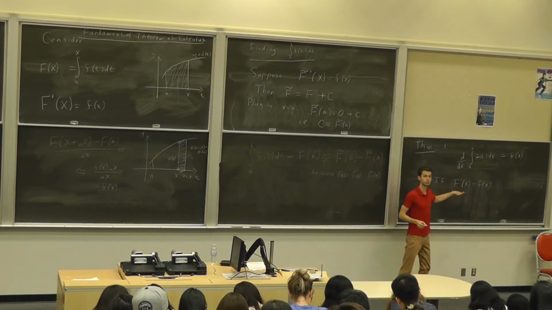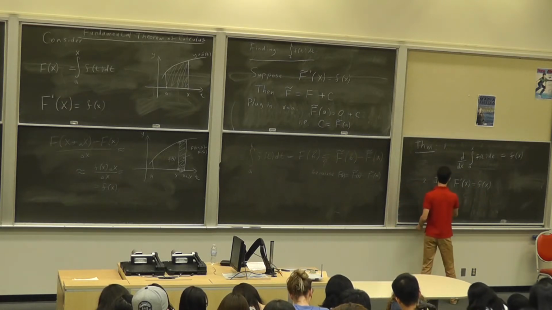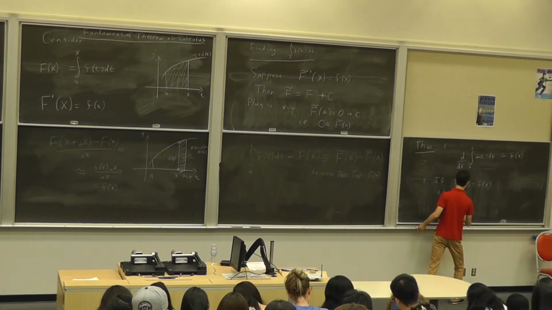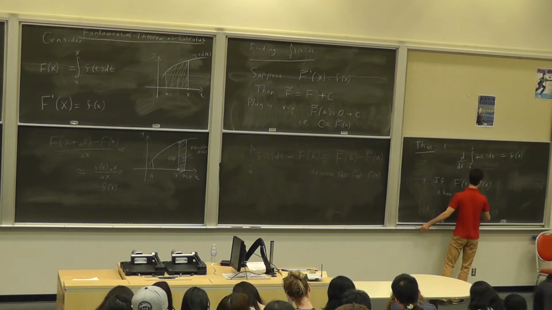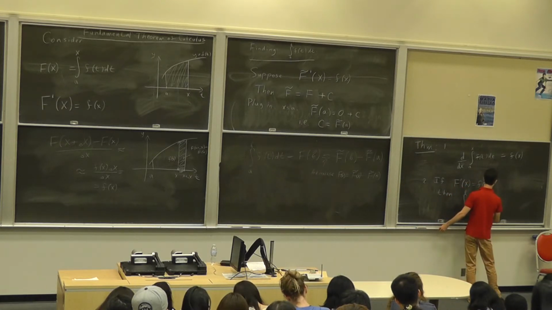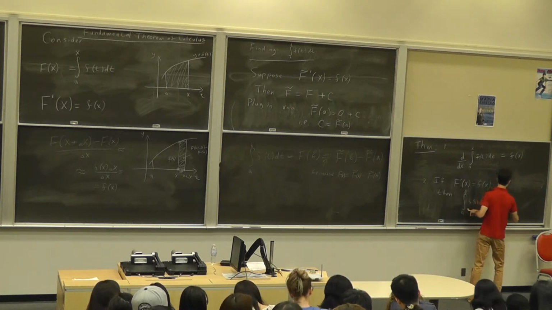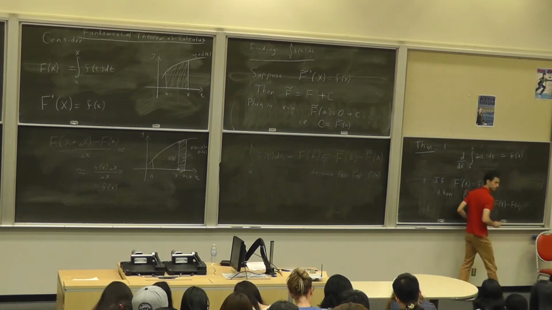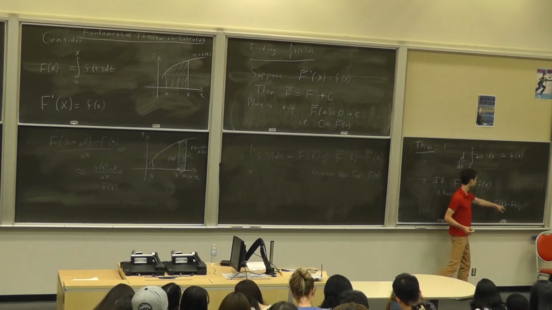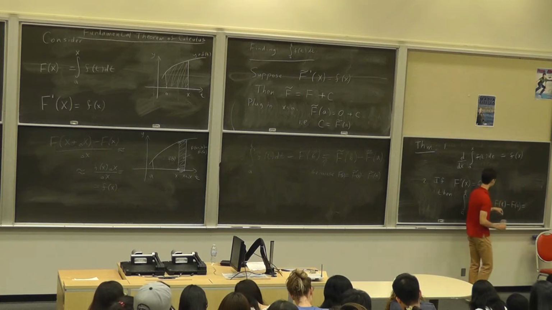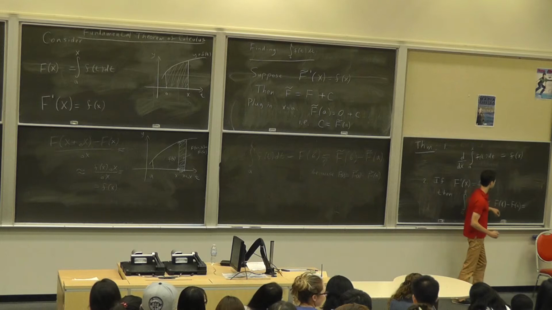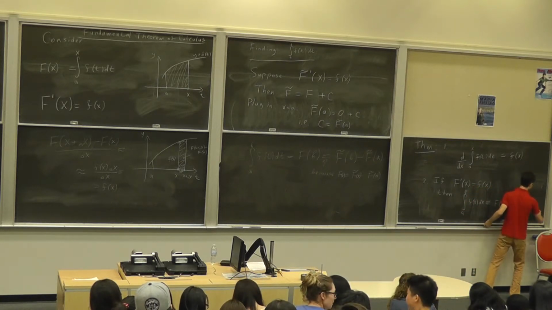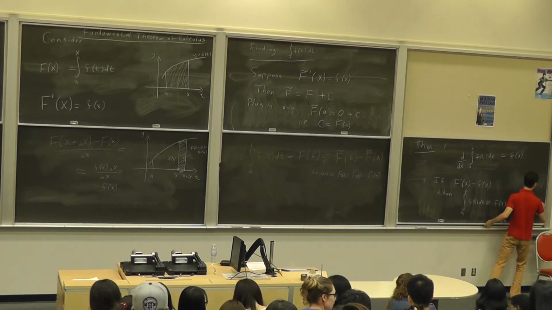if you found some function F with derivative equal to f, then the integral from a to b of f(x) dx is equal to F(b) minus F(a). Sometimes we also call this expression F evaluated at x equal to a and x equal to b.